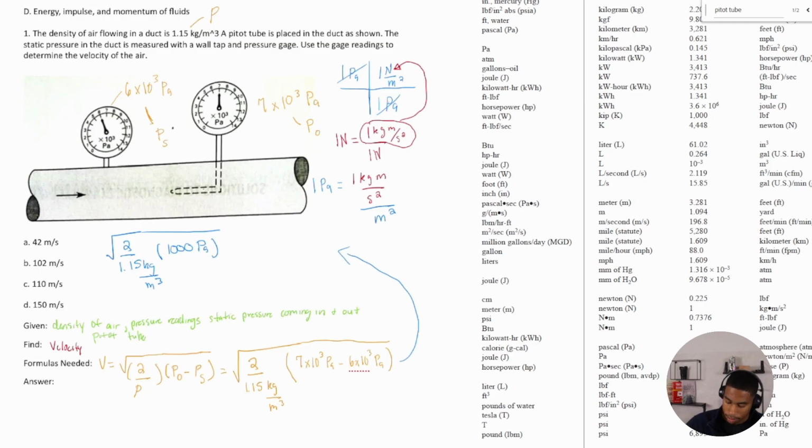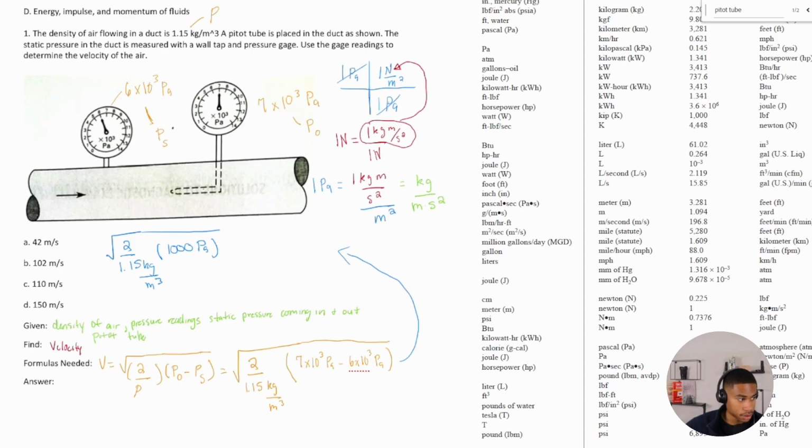And so that simplifies to it just being kg over m times s squared. Okay, so 1 Pa equals 1 kg over meters times second squared. All right, cool.